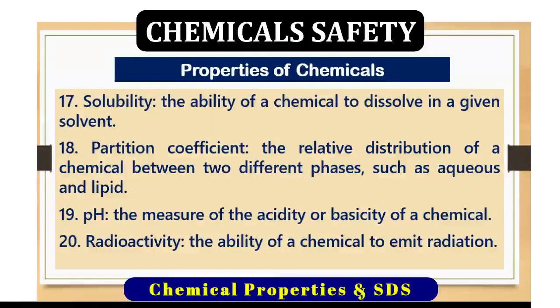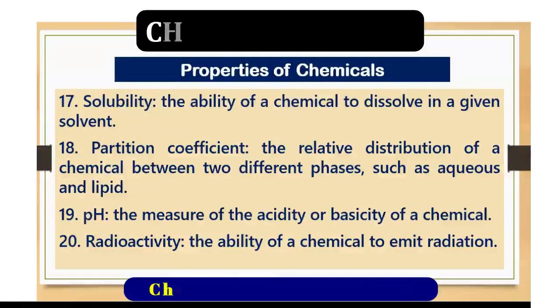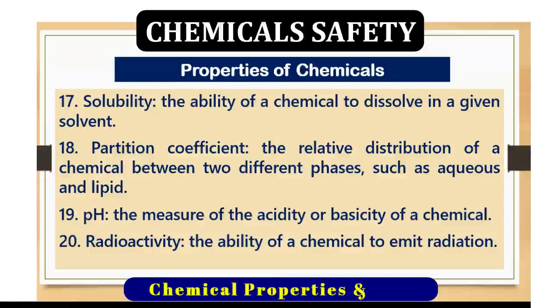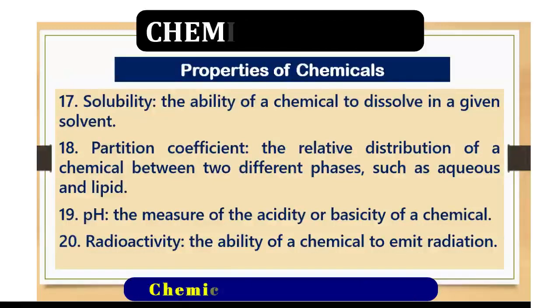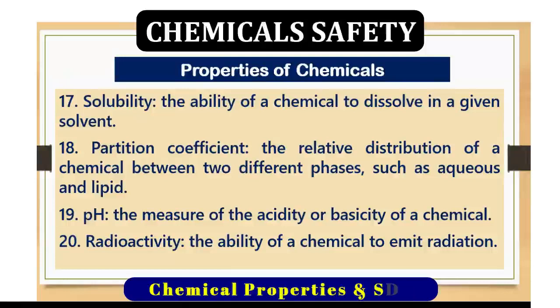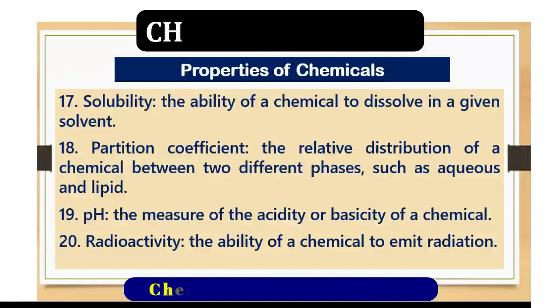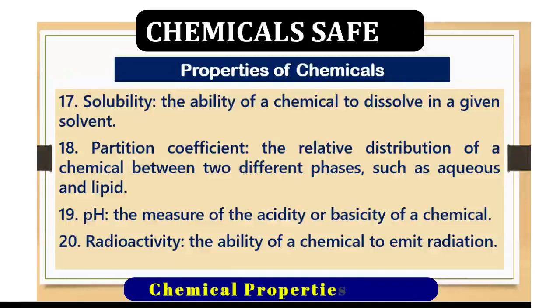Number 18, partition coefficient, the relative distribution of a chemical between two different phases, such as aqueous and lipid. Number 19, pH, the measure of the acidity or basicity of a chemical. And number 20, radioactivity, the ability of a chemical to emit radiation.